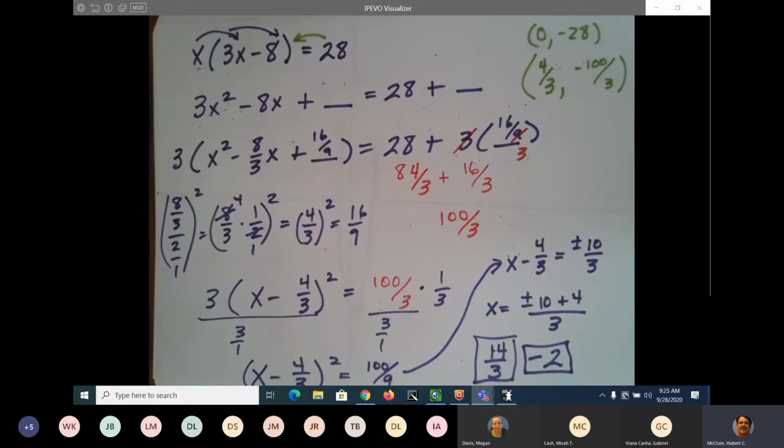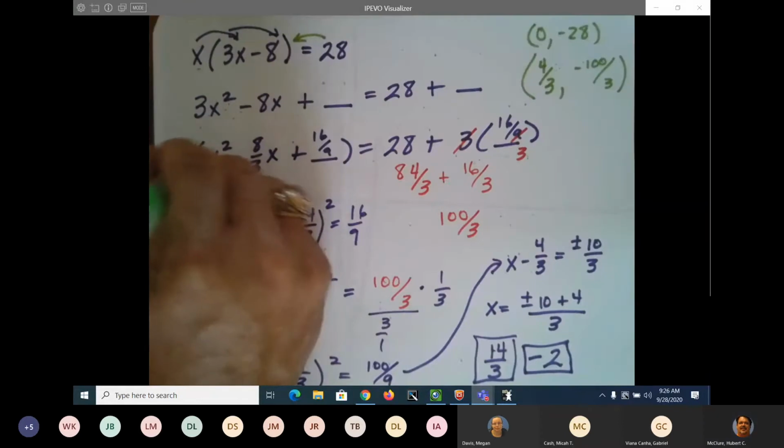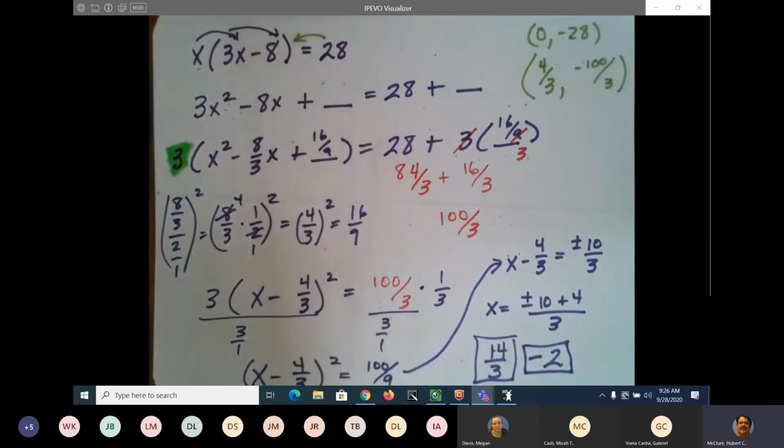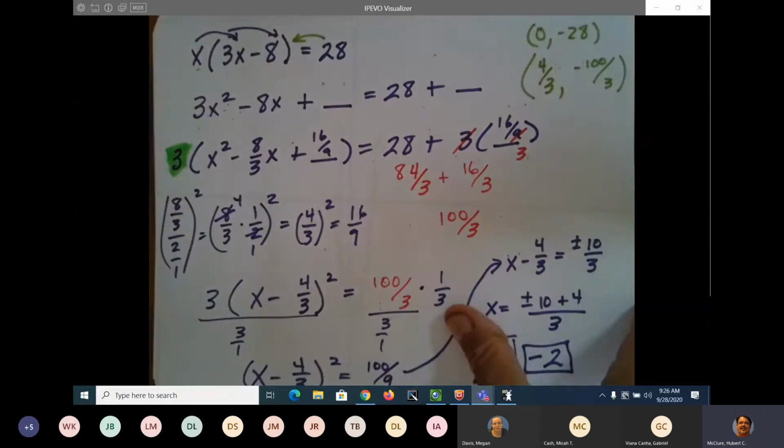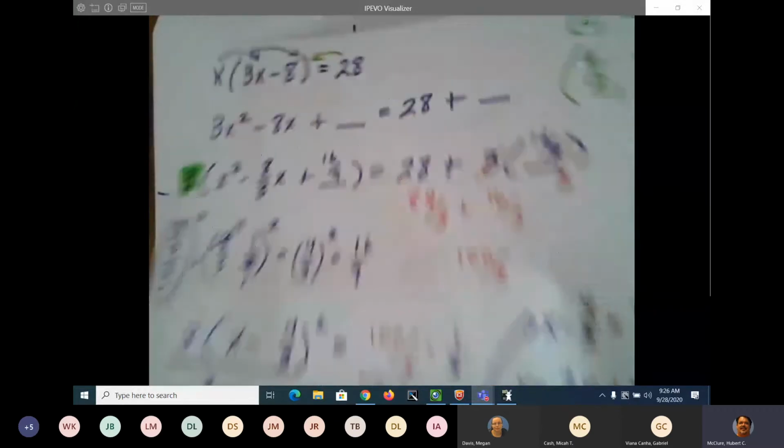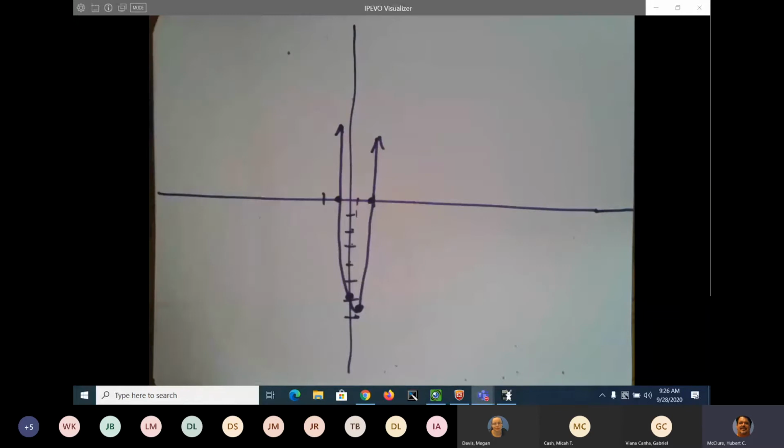What tells you that? The 3. Good job. I am so proud of you. The a tells you it's going to be skinny. Chapter 2. It's not chapter 3, that's chapter 2. Okay, so that's why it's skinny. It's skinny because of that 3.